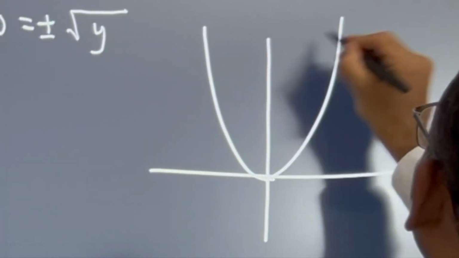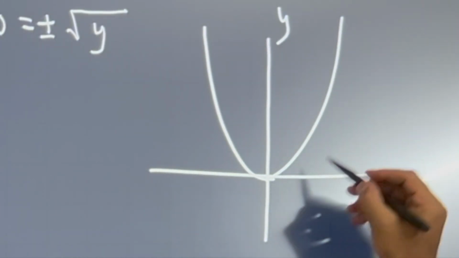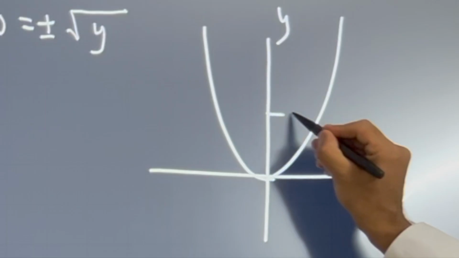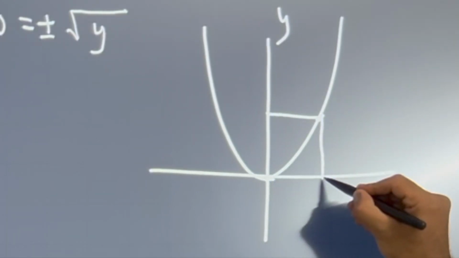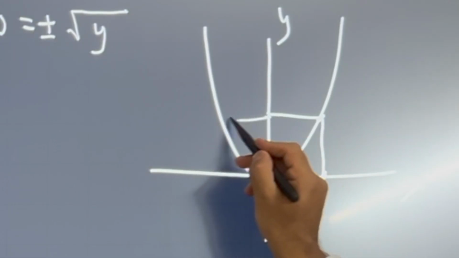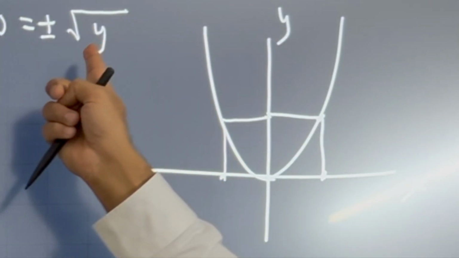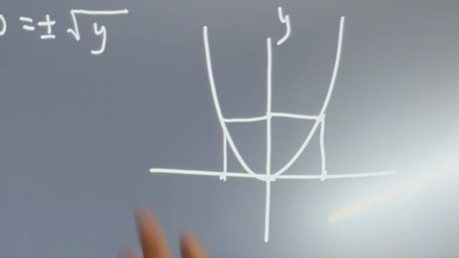Given a y, I am asking for the value of x. But there are two values. Given this y, this minus x also is a solution. That's why plus minus root y.